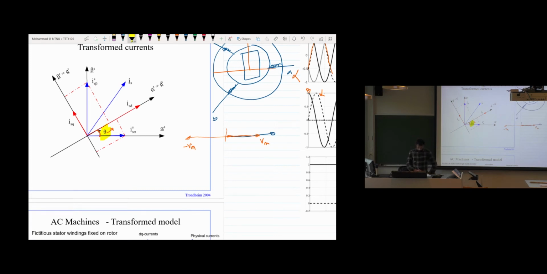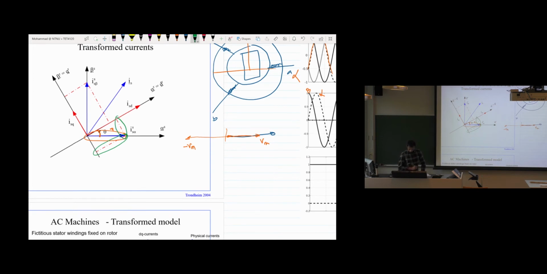So what you see here, originally this one is the Is alpha current component, and then we decompose it into two components: the d component of the alpha component, and the q component of the alpha component.